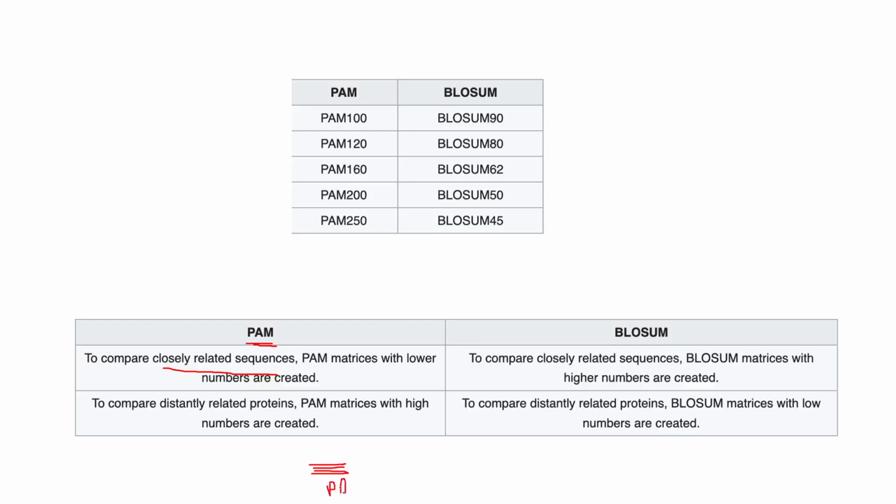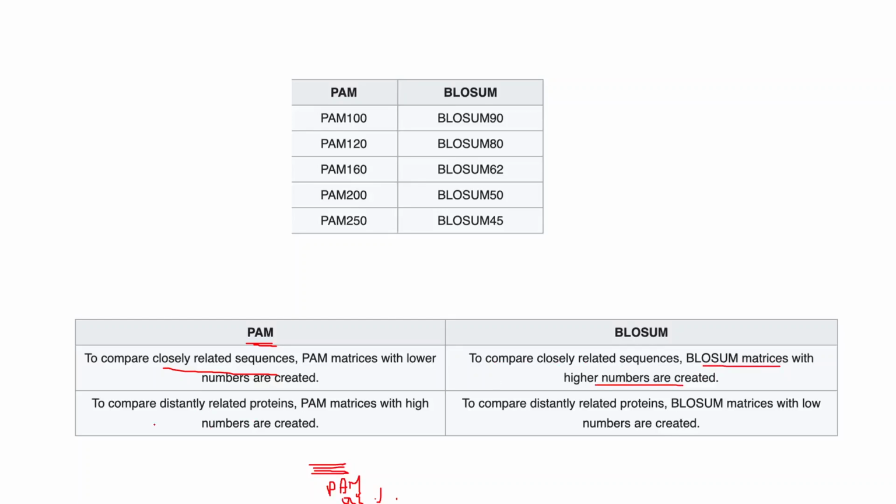It means it has 99% identity and only 1% divergence. So to compare closely related sequences, you use a lower number of PAM matrix, and you use a higher number of BLOSUM matrix.